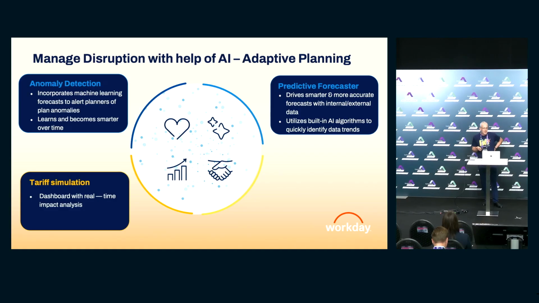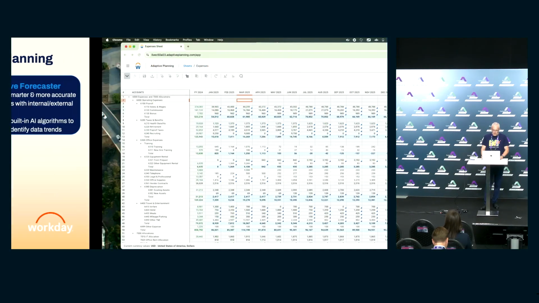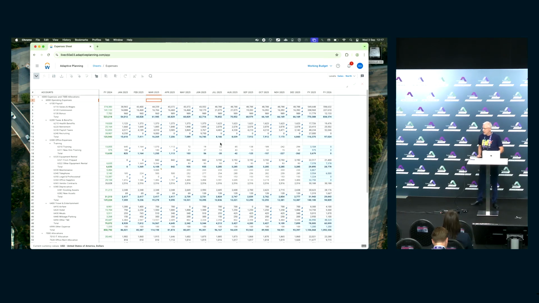First one will be anomaly detection, where with the help of AI you can analyze if your numbers make sense. The second one is a predictive forecaster, which allows you to do different scenarios for AI-based planning. And the third one is a tariff simulation. All right, so without further ado, I will go ahead with my live demo.